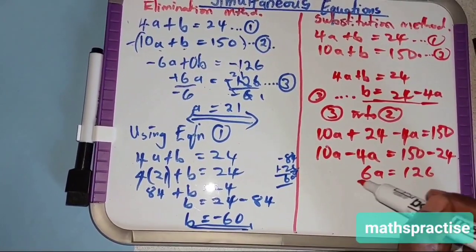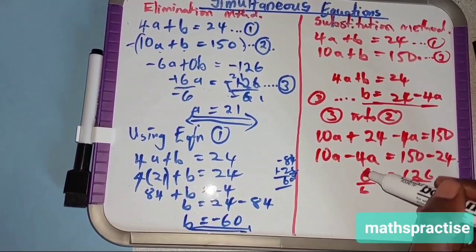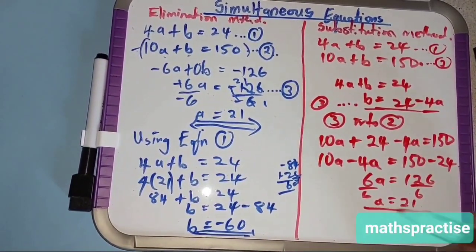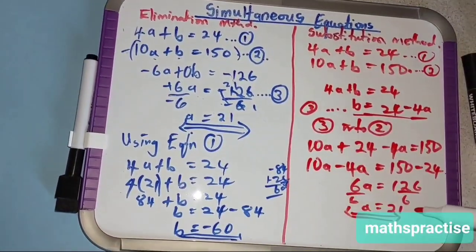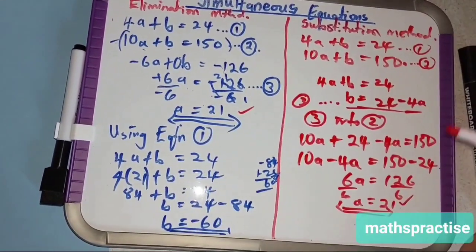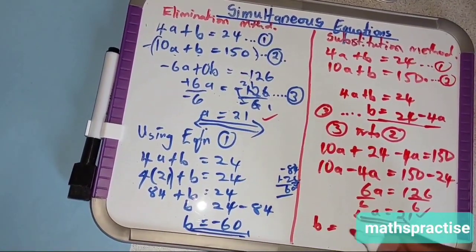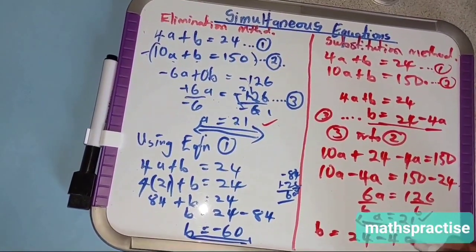Then we divide by 6, and a becomes 21, like we got from the previous method. This confirms it. So we now have our a, and we know that b is equal to 24 minus 4a.